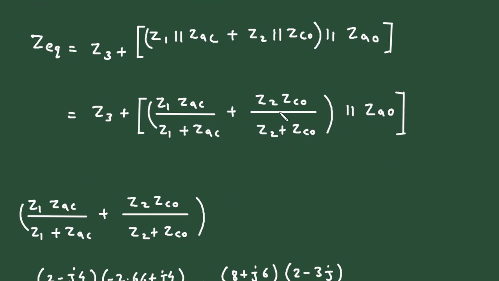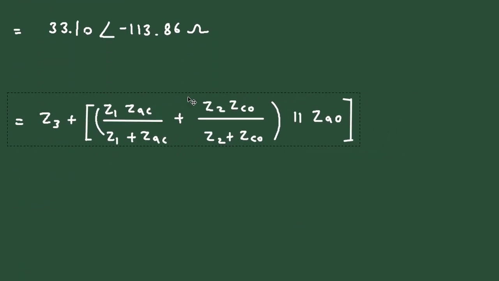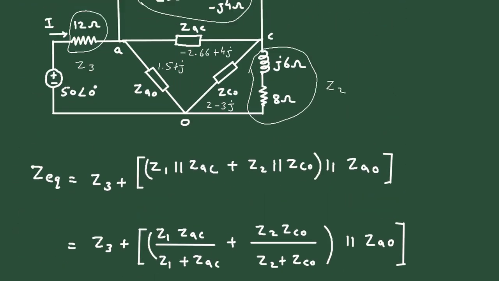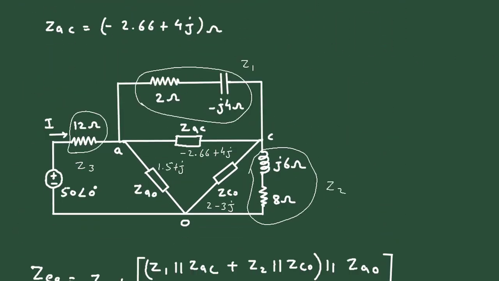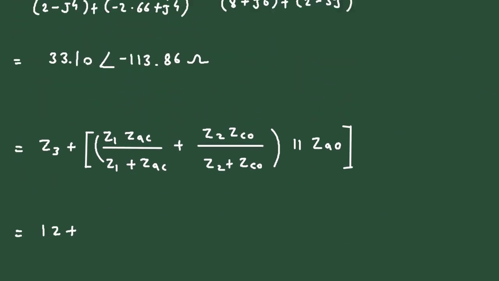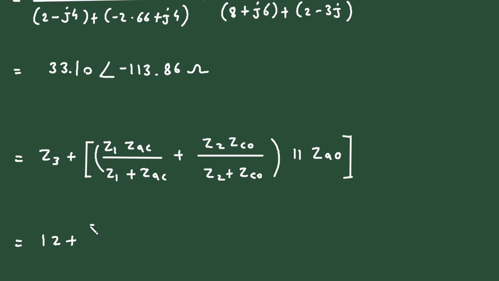Now we will multiply this value with ZAO. Let's copy this part and put all the values here. Now we can substitute the value of Z3, which is 12. So 12 plus the value of this part, and we have to do this parallel operation.